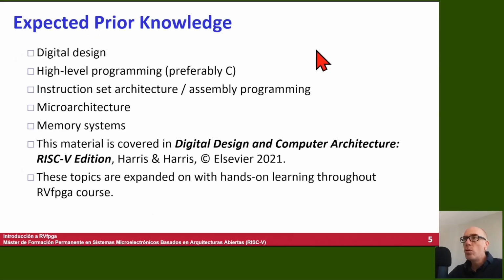To tackle the RVfpga course effectively, it's recommended to have knowledge in certain computer architecture areas, specifically digital design, high-level languages like C, assembly language, preferably RISC-V, as well as RISC-V instruction set architecture or microarchitecture and memory systems.